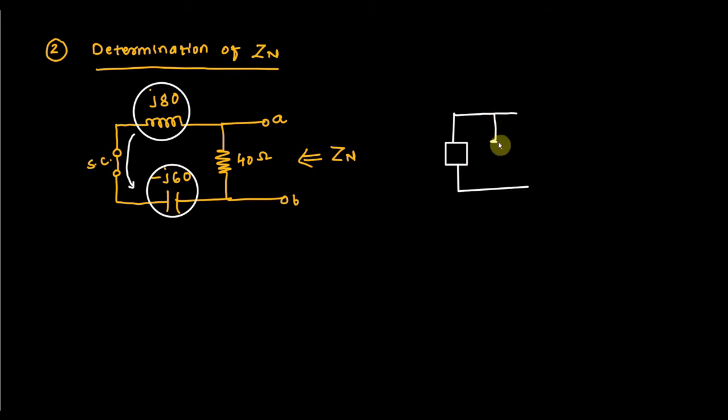This 40 ohm resistance will be as it is. This is terminal A and this is terminal B, and we have to see here that is Zn. So this will be 40. Now what will be the value of this impedance? It is simply addition because it is series, j80 minus j60. So your answer comes out to be j20.